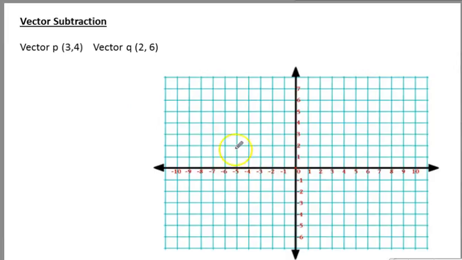Let's start with vector P, and we're going to draw P minus Q. We're going to start with vector P at 3, 4. And remember, that point is not the vector. This segment is the vector. Subtraction with vectors means move in the opposite direction.